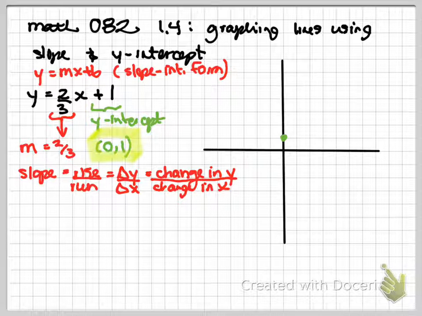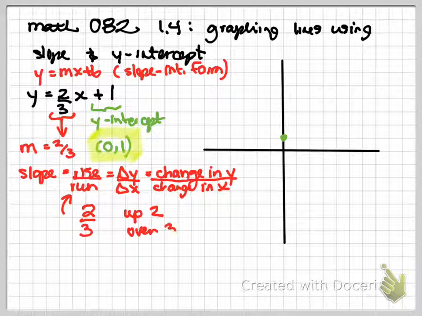So our slope tells us where to go from here. Notice the definition of slope, rise over run, is the change in y over the change in x. So if my slope is 2/3, that means that I go up 2 units, and then I go over 3 units.